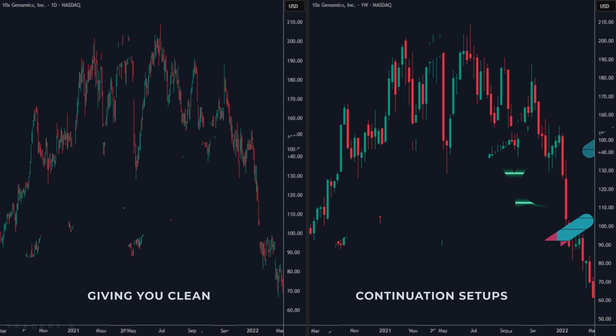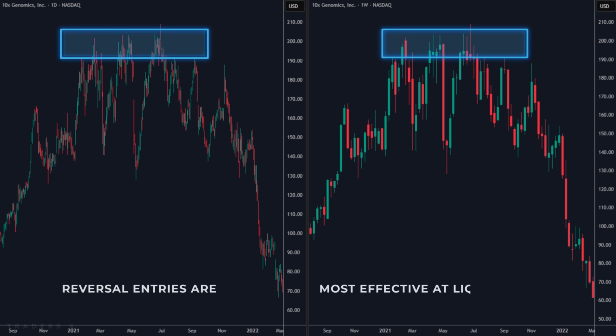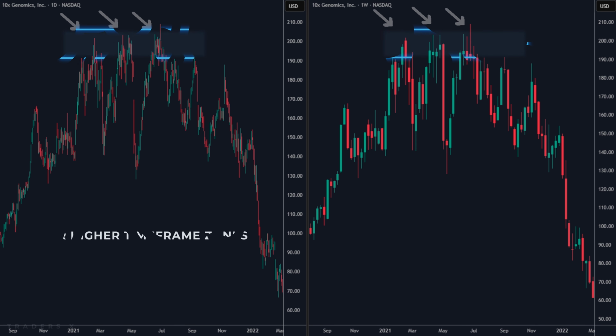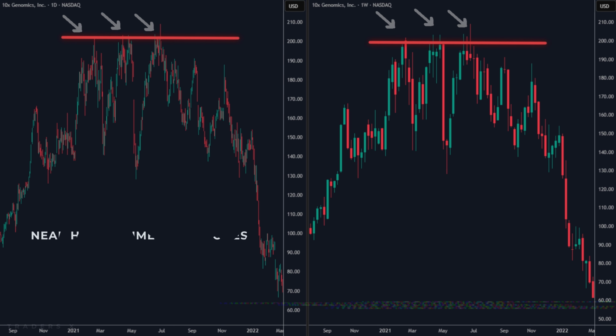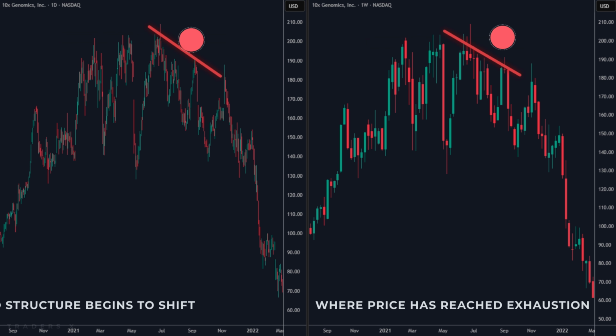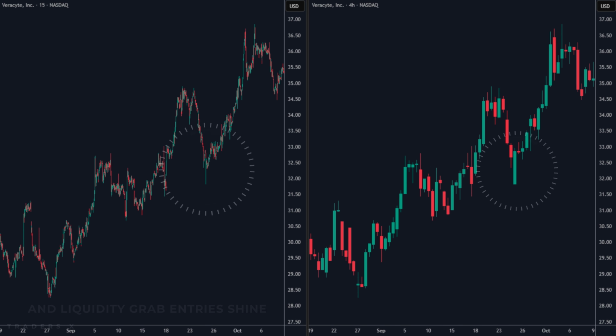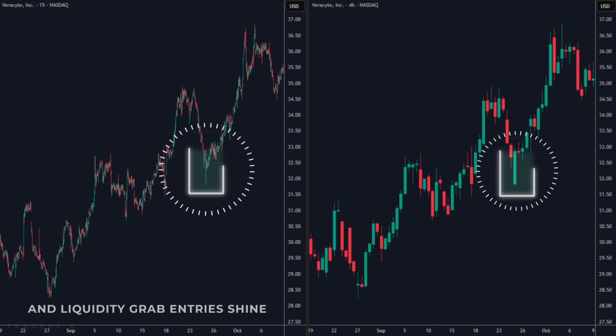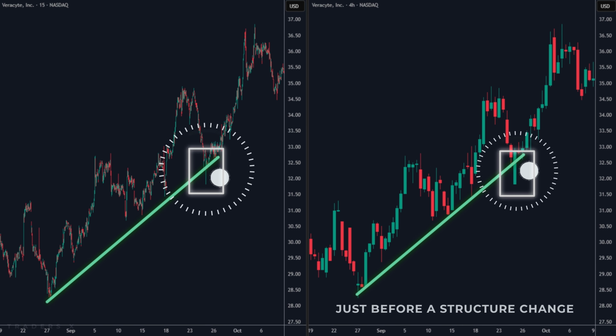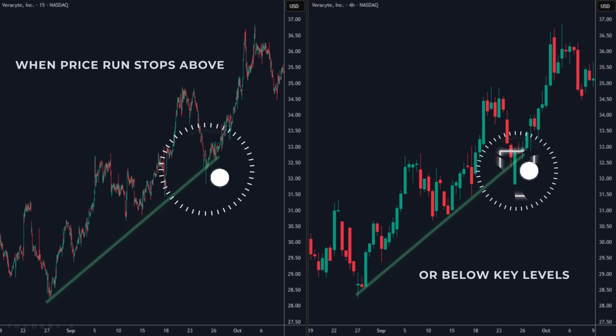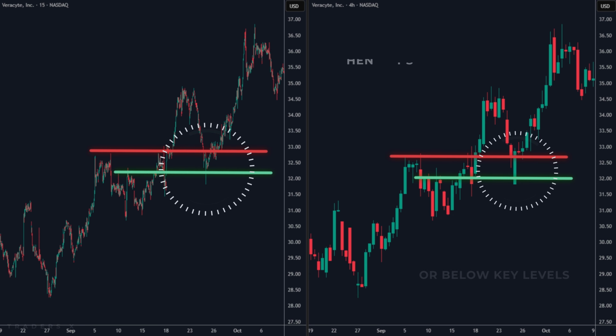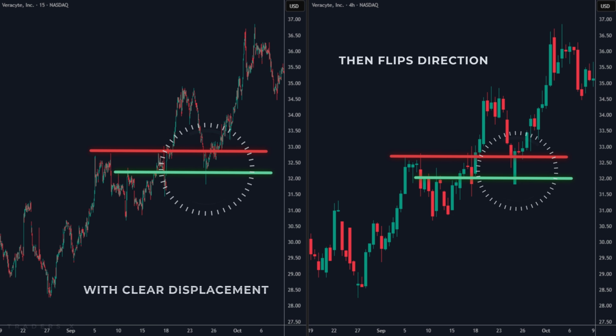Reversal entries are most effective at liquidity sweeps near higher timeframe zones, where price has reached exhaustion and structure begins to shift. And liquidity grab entries shine just before a structure change, when price runs stops above or below key levels, then flips direction with clear displacement.